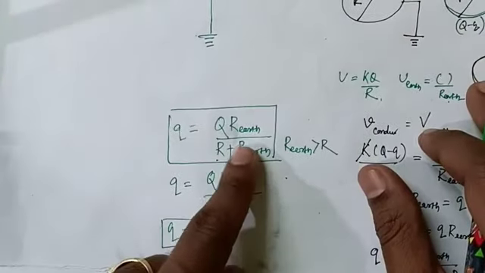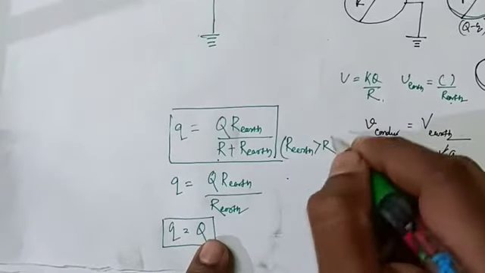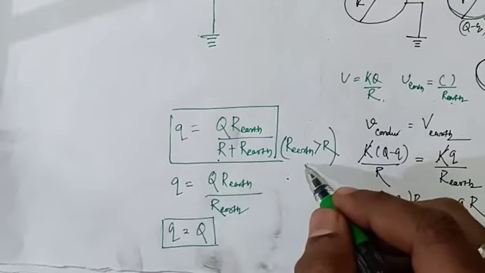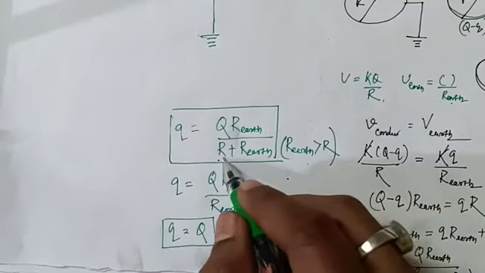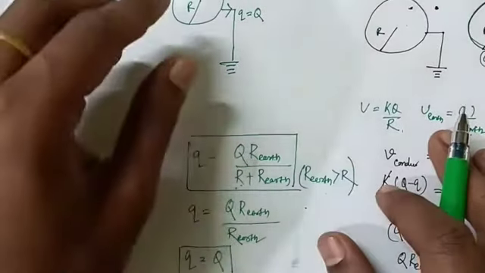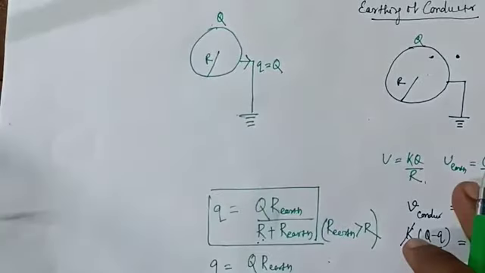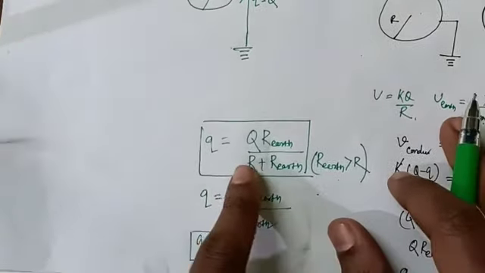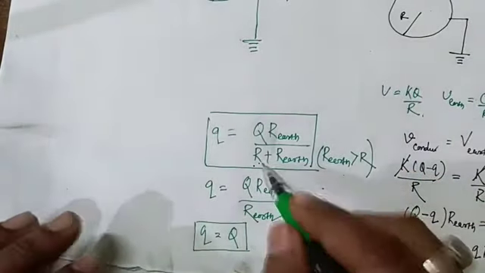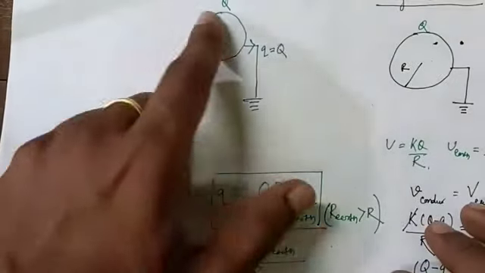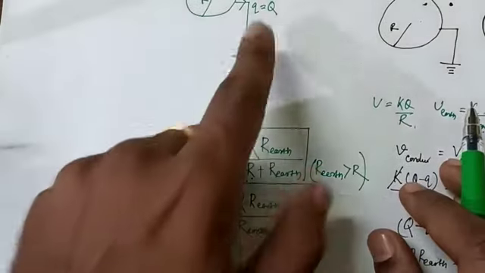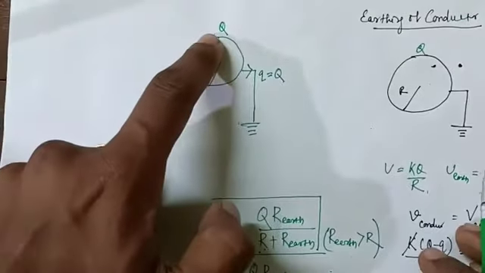This is only possible if I assume that the radius of the earth is much greater than the radius of the conductor. But if I consider this r, then not all Q amount of charge flows; some amount of charge flows. This is the ideal case. If I approximate and consider the radius of the earth much greater than r, then I remove the r and say all Q flows. But in real practice, this r has some existence, so definitely small q cannot equal capital Q.